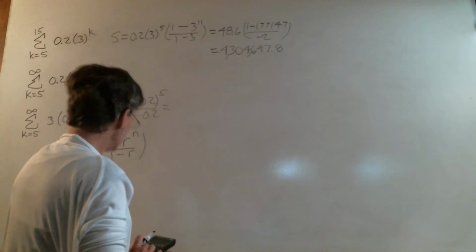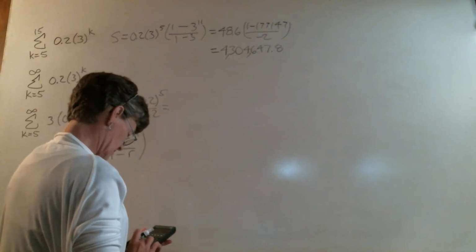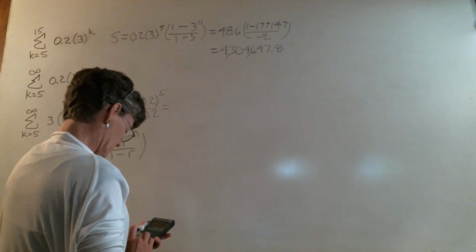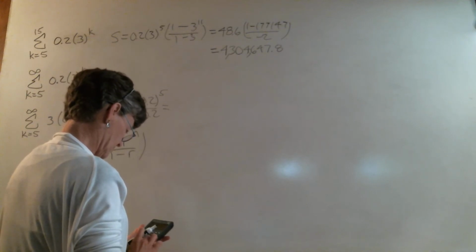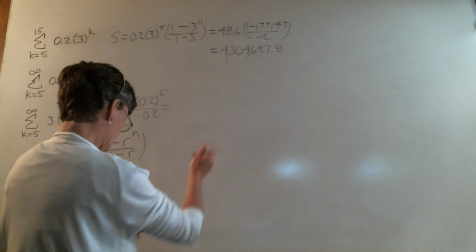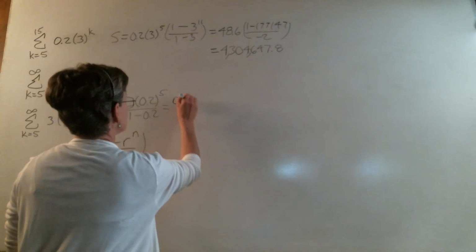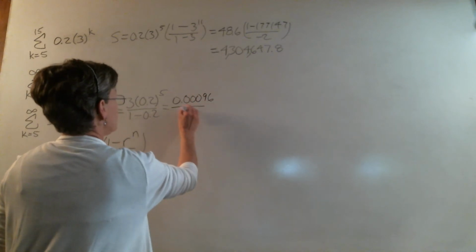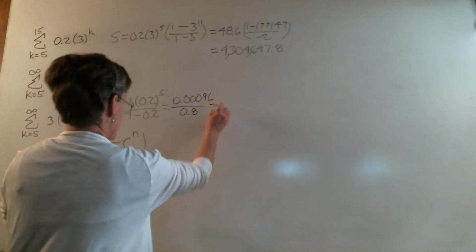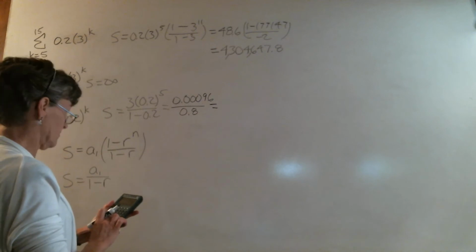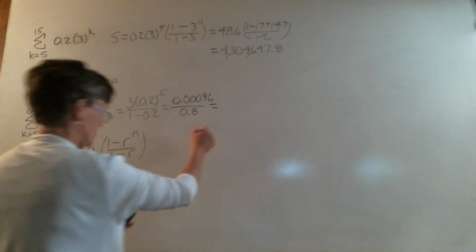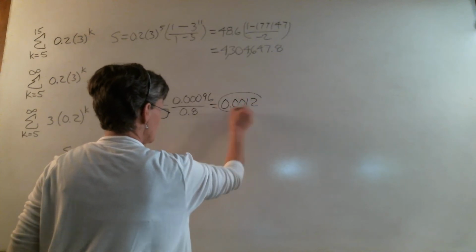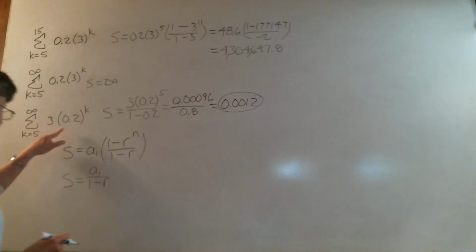And so we're going to get 0.00096 over 0.8, because 1 minus 0.2 is 0.8, and when I do that math, I get 0.0012, and that's the sum of that infinite series.